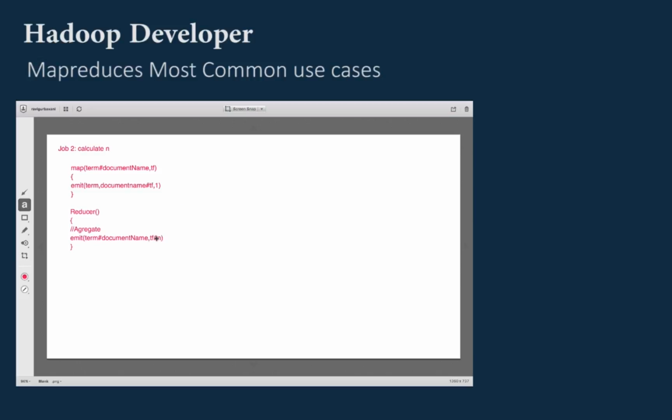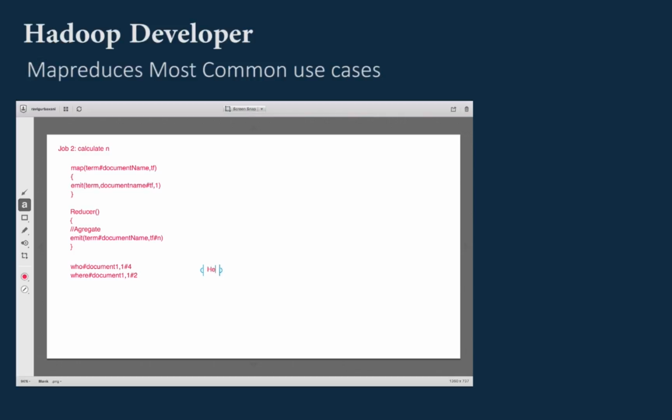So here we have term frequency and we have small n. So by the end of this particular job, what we will see is document 1, term frequency of who was 1, and it is present in all the 4 documents. And where was present in 2 documents.